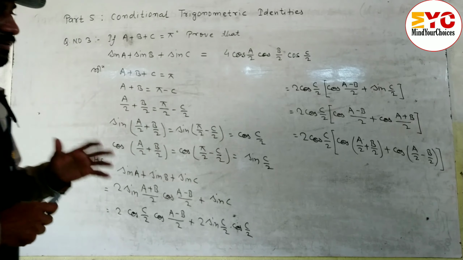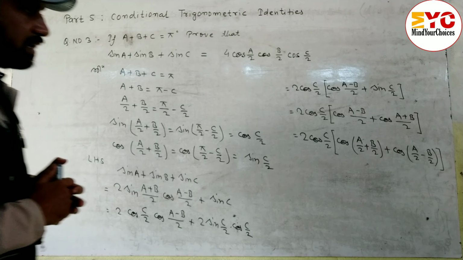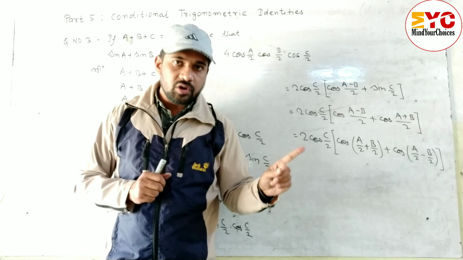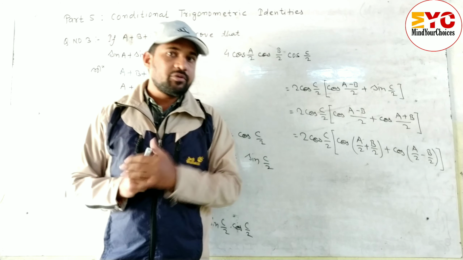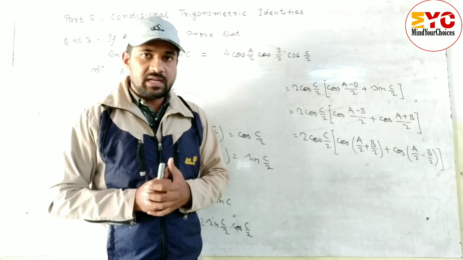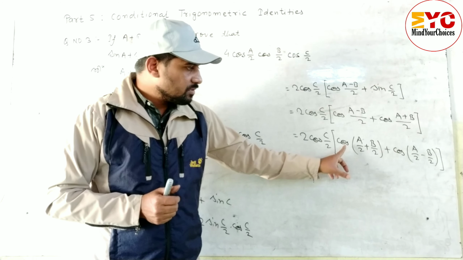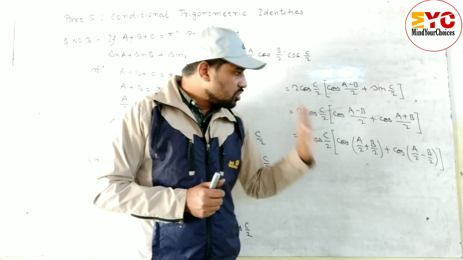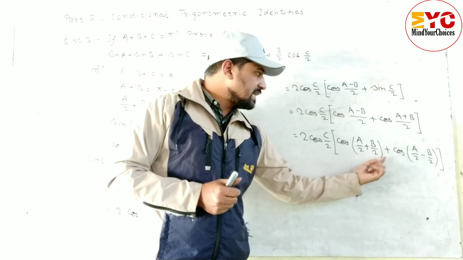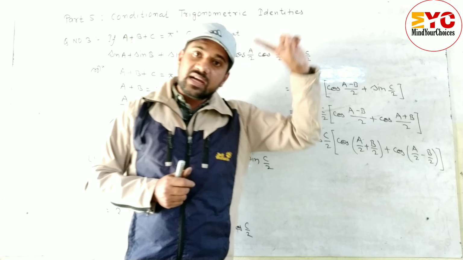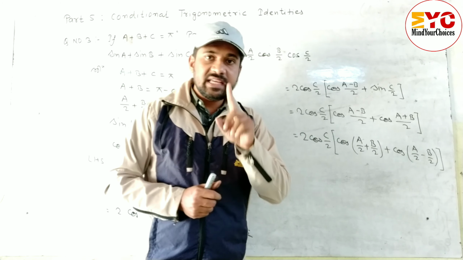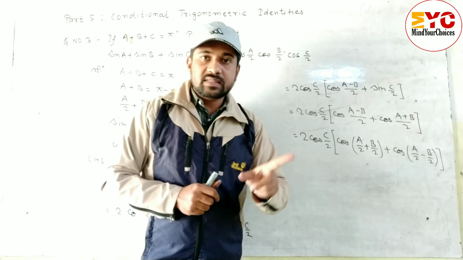What is the formula of cos(A+B) + cos(A−B)? When I started part 4 short questions, before that I provided a few formulas. At that time I gave you the formula of cos(A+B) + cos(A−B), which is 2 cos A cos B. Hope you remember that formula.